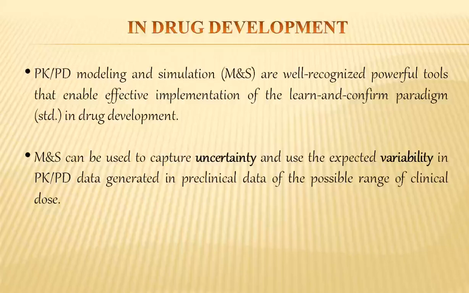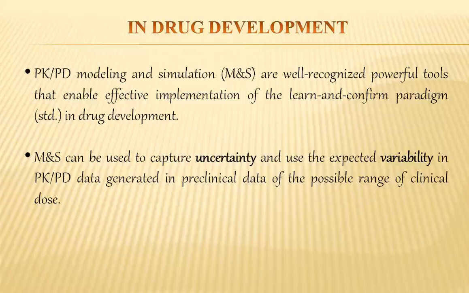First application of pharmacokinetic and pharmacodynamic model in drug development. The pharmacokinetic and pharmacodynamic modeling and simulation are well recognized powerful tools that enable effective implementation of learn and confirm paradigm in drug development.